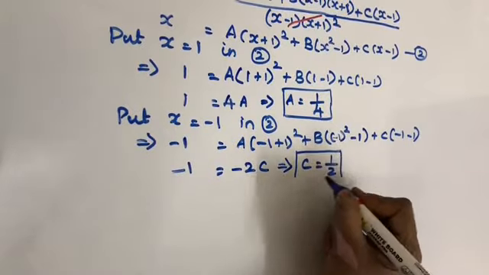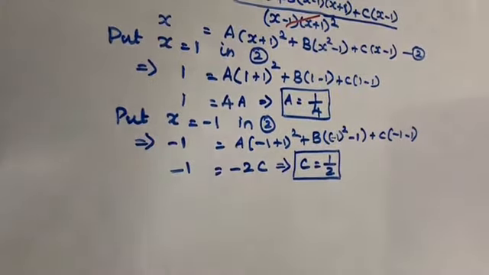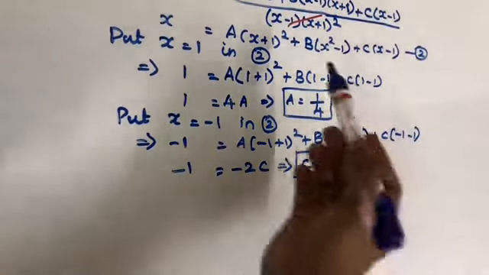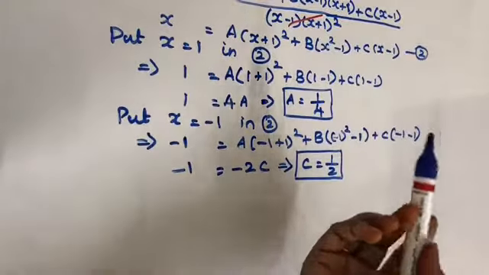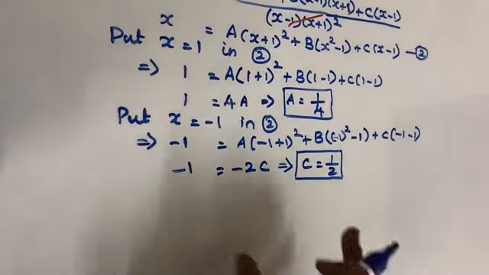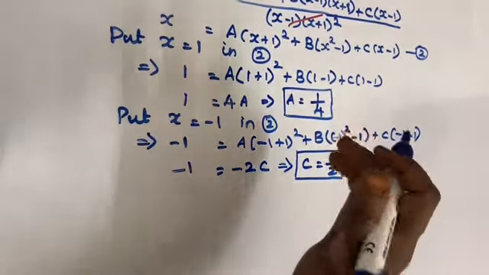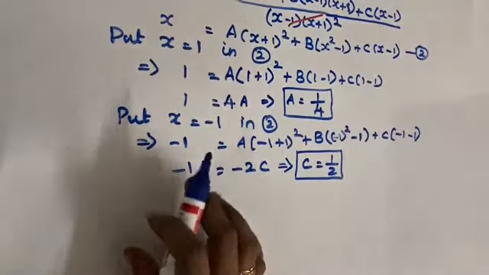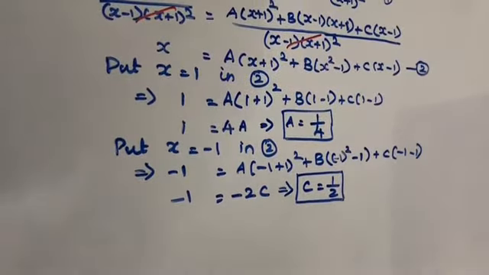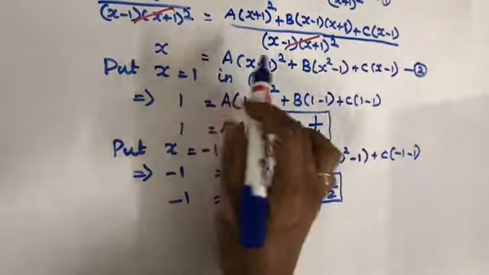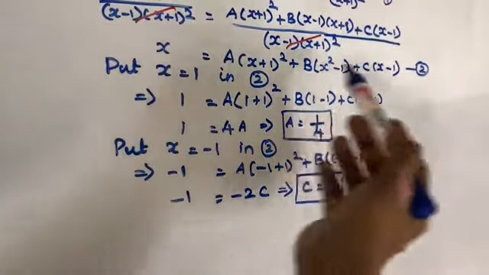Now, we have to find b. Okay. So, here now we have substituted 1 and minus 1. What we can do to find b? To calculate b, we can equate some terms. Now, from this equation 2, we have to find the value of b. We have a and c.